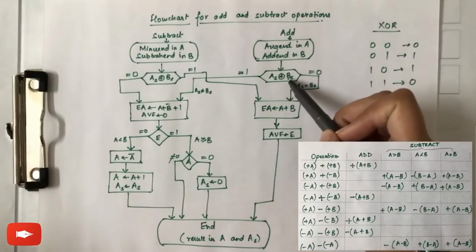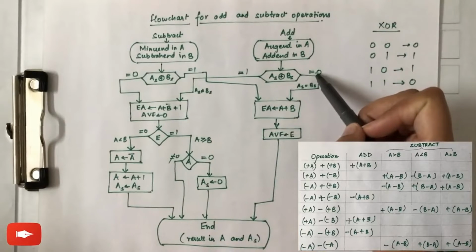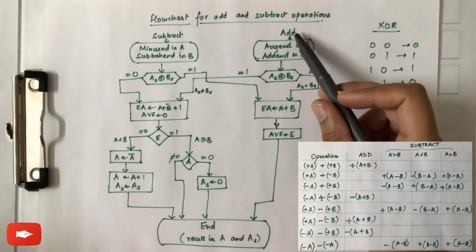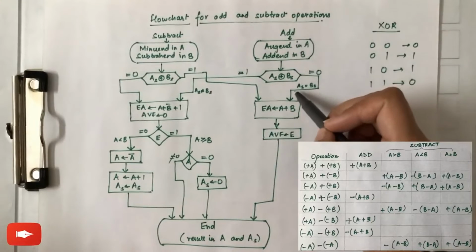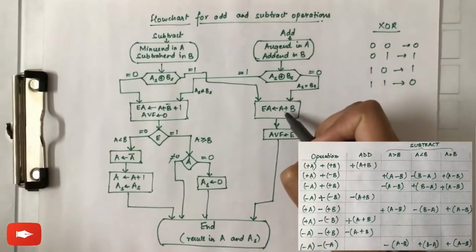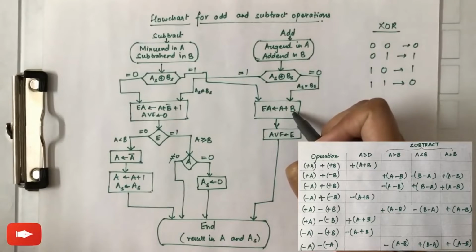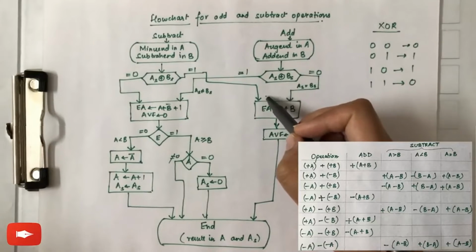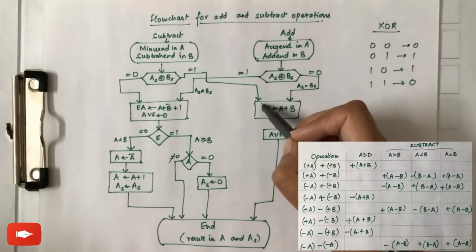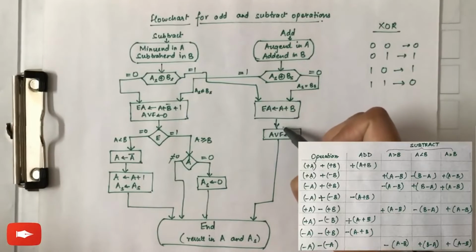Addition of A and B is performed here, and the result is stored in EA, and the value of E is transferred to AVF, where AVF is the add overflow flip-flop.